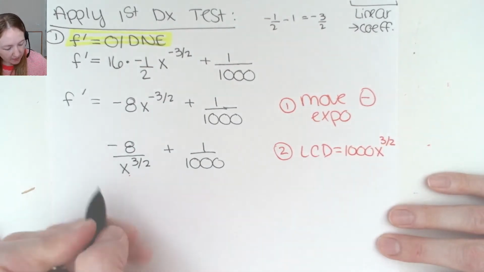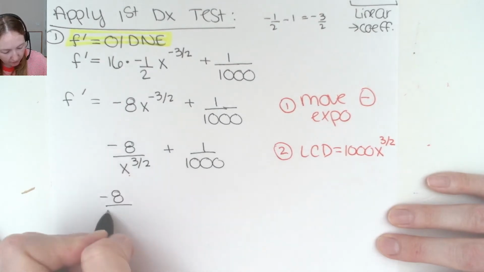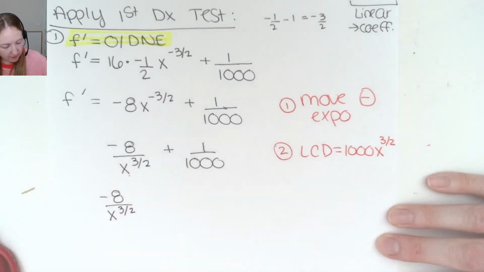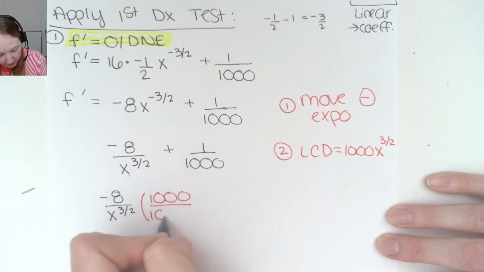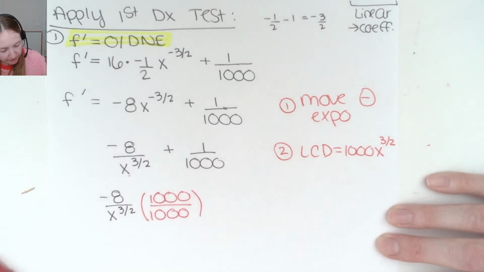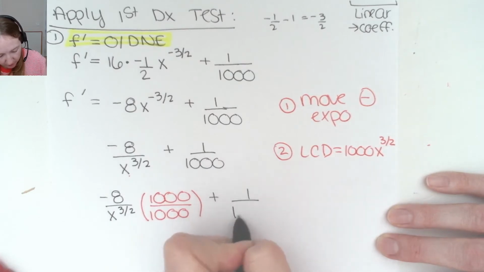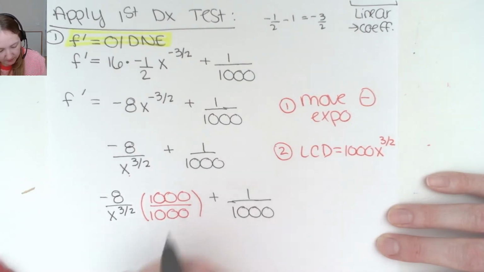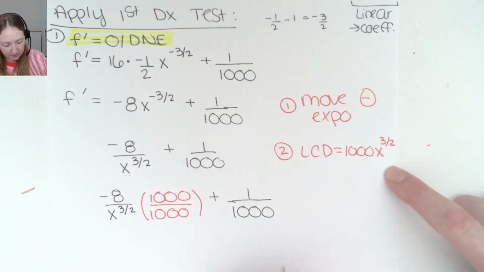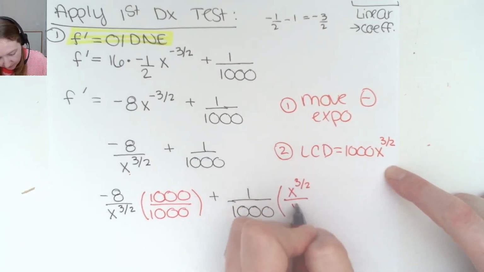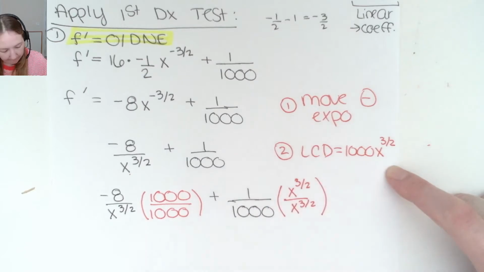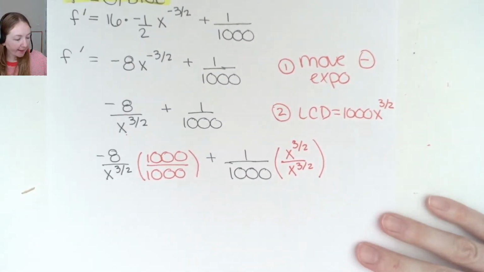So the negative 8 over x to the 3/2 would need to get multiplied by 1,000 over 1,000, and then the plus 1 over 1,000 term would need to get multiplied by x to the 3/2 to have the LCD.